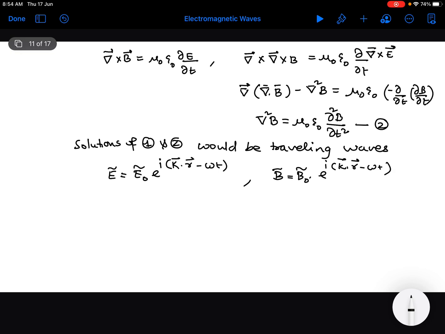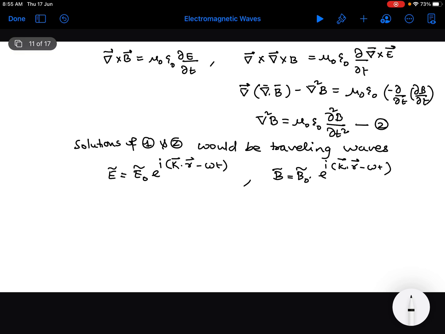Here E0 and B0 are the complex electric and magnetic field amplitudes. These two should satisfy equations 1 and 2, so we substitute the solutions back into equations 1 and 2.